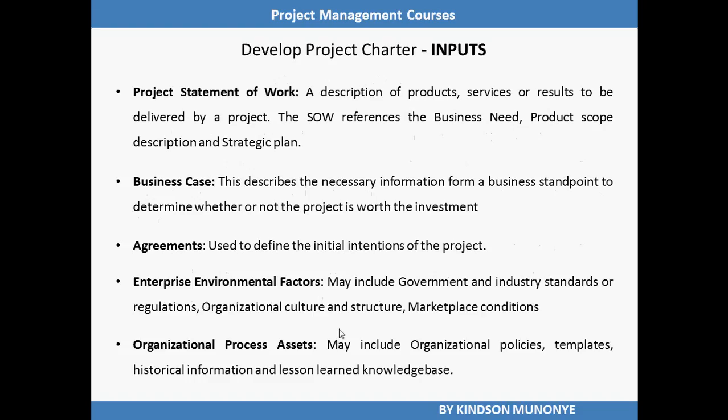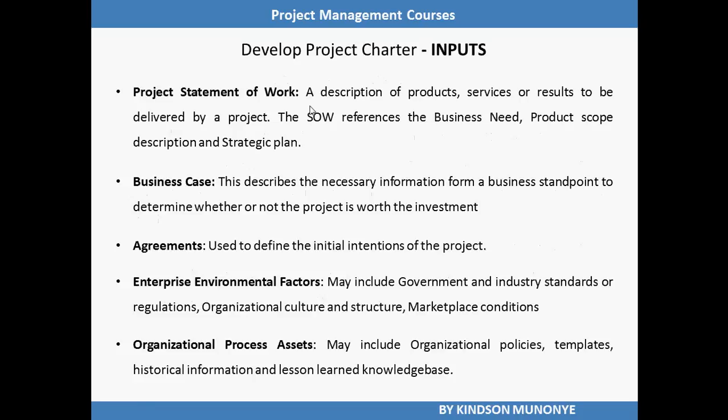Alright, what are the inputs? Before I proceed, take note that for each process in project management there are inputs, tools and techniques, and outputs. The develop project charter process has 5 inputs. We have the project statement of work, and this is a description of what you are going to do.